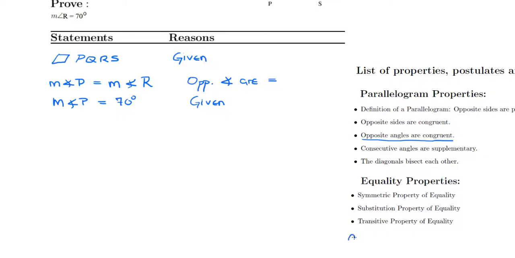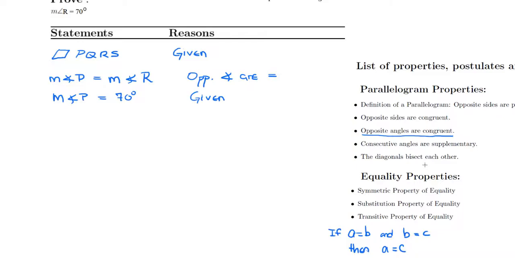It says that if A is equal to B, and B is equal to C, then A is equal to C. Okay, that's what the transitive property of equality states. But we need to have it in that order.